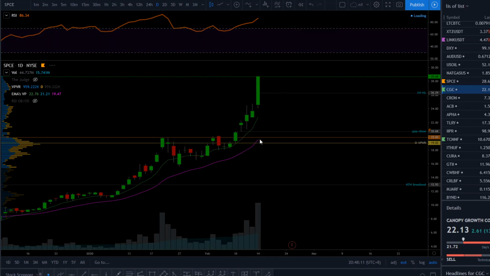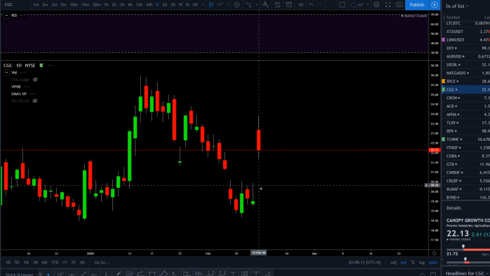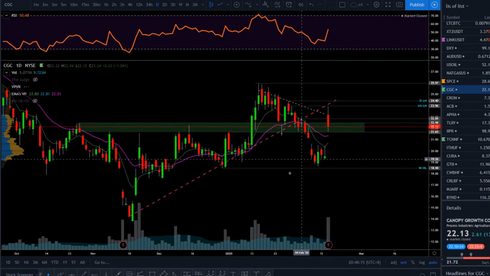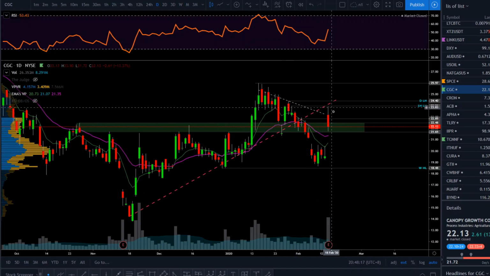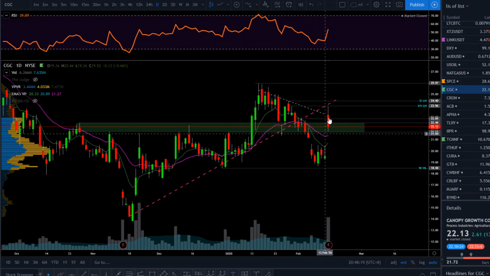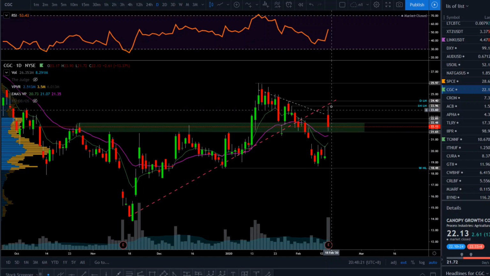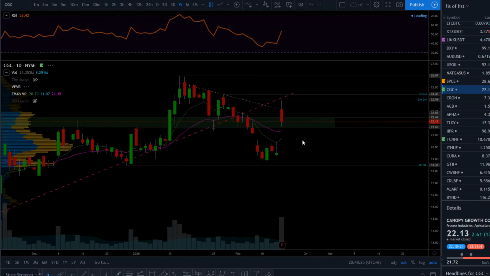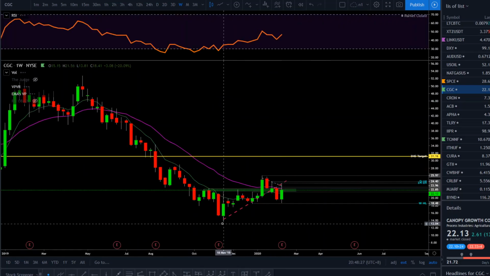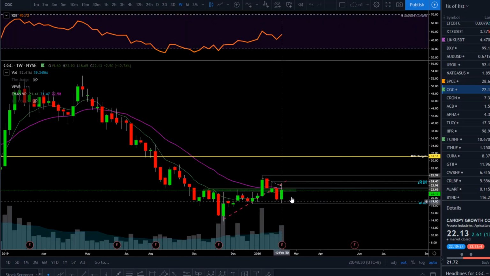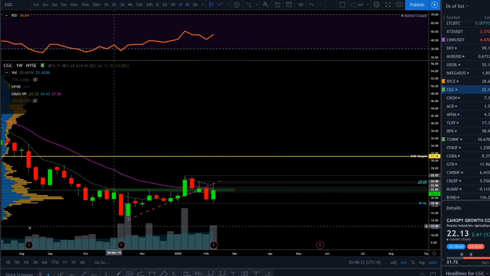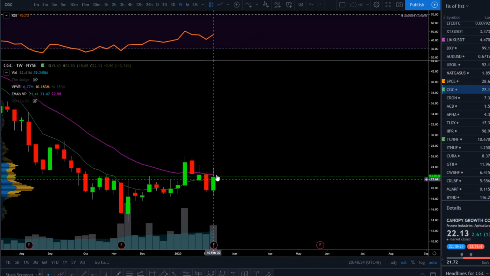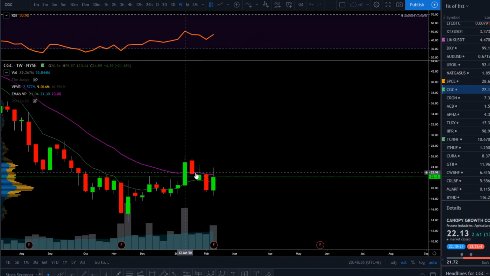Let's have a quick look at CGC. CGC had some earnings, and on the earnings it basically had a massive gap up open and then a bit of profit taken throughout the rest of the day. So this is going to be our weekly high low now, but the interesting thing is that we did get rejected by the 21 EMA here, so we closed below the 21 EMA.